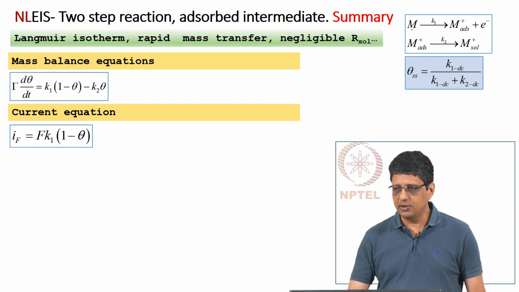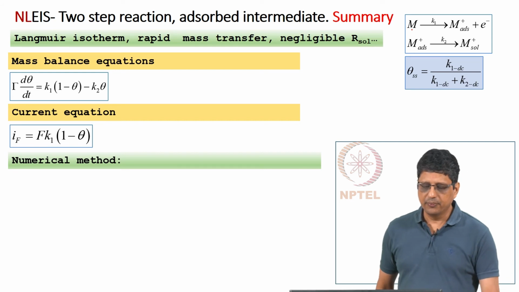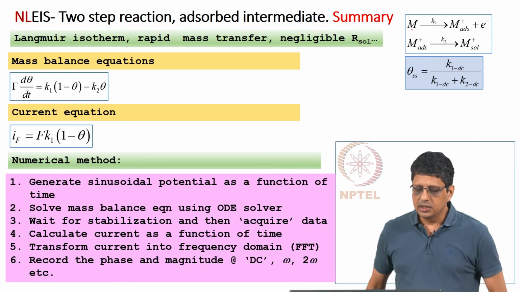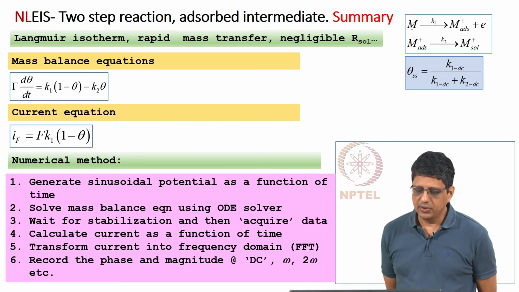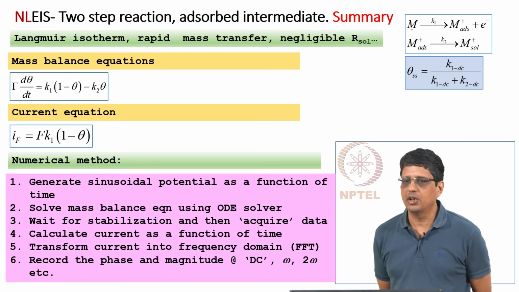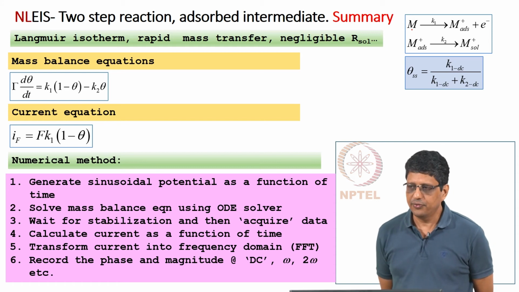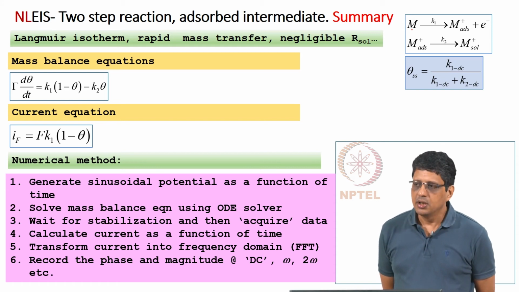First find the steady state values, use that as the initial point and use numerical integration, take the mass balance equation and integrate it. So, generate sinusoidal potential, solve the mass balance equation using an ODE solver. We have used Matlab and ODE45 or ODE15s. You can use any similar software, you should be able to do the integration.